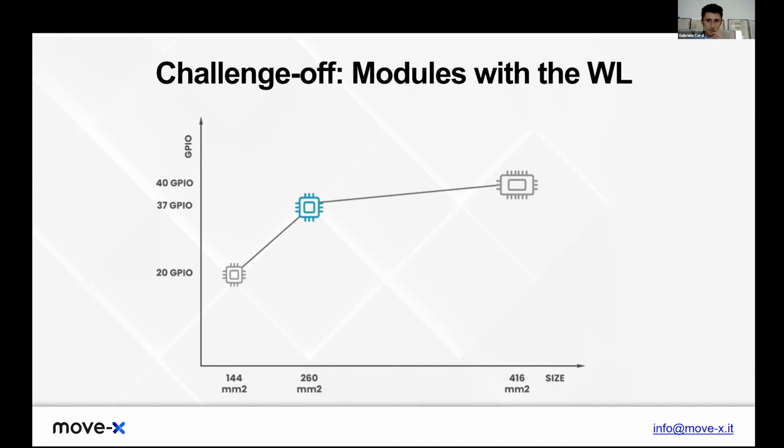If you want to have more GPIOs, you have to go for extremely big modules. If you want to go for little modules, you will have to shrink the capabilities, so the GPIOs and all that comes with them. So that, we think, is the best trade-off regarding the module panorama.